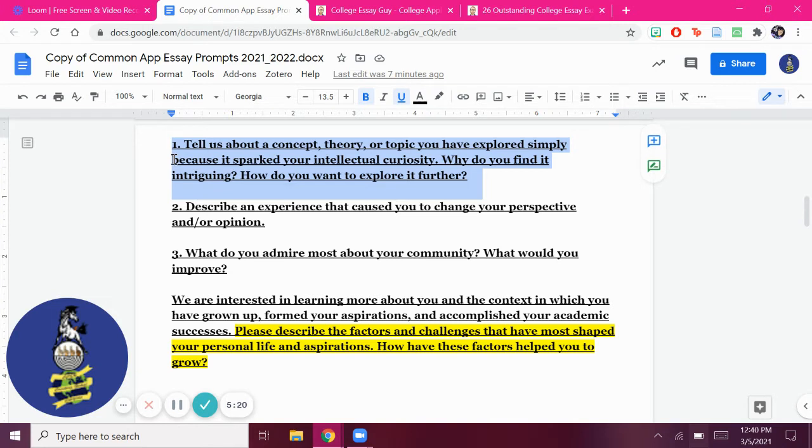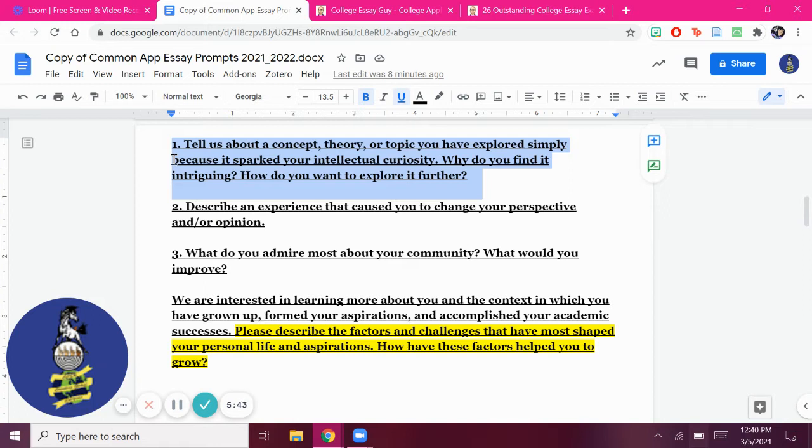Intellectual curiosity is something really important, especially if you're applying to college, and they want to see that you aren't just completing your academics to complete your academics, but you're also trying to expand your horizons. This is something that you can write a lot of different topics about.